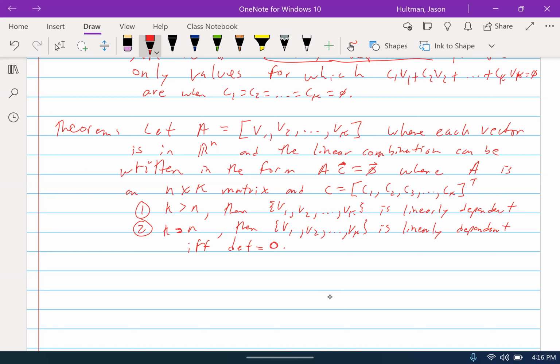If the determinant is 0, the system was not invertible, and the vectors would not span Rn. It's the same thing, we're just expanding on that: they're linearly dependent if the determinant is 0, therefore the vectors cannot span Rn.